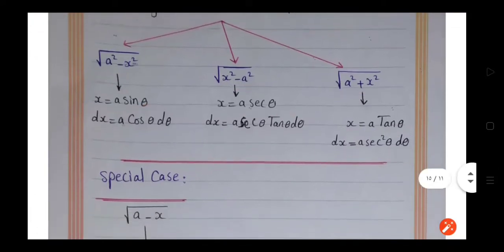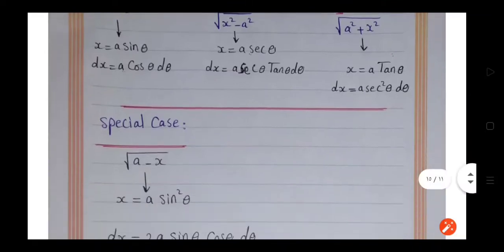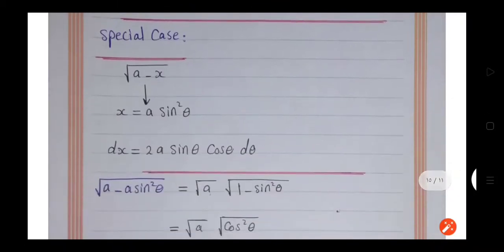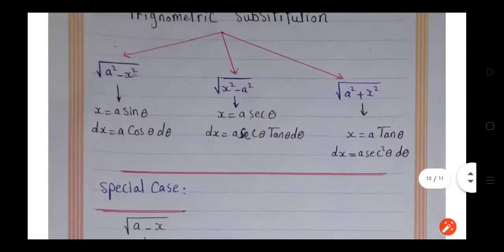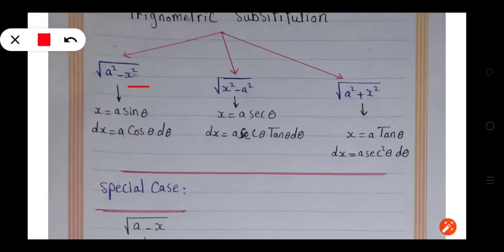Now remember that we put x equals a sine theta. That means that we can cancel the square root. Notice that when we have x squared, we put sine, sec, tan, all with power 1.